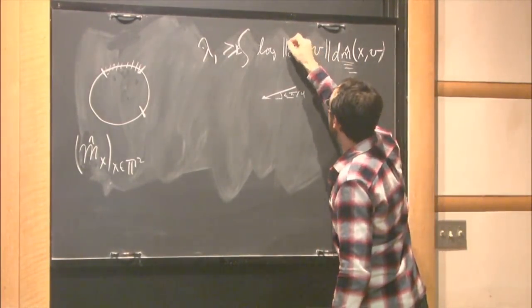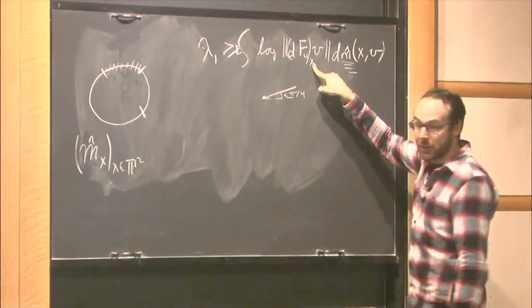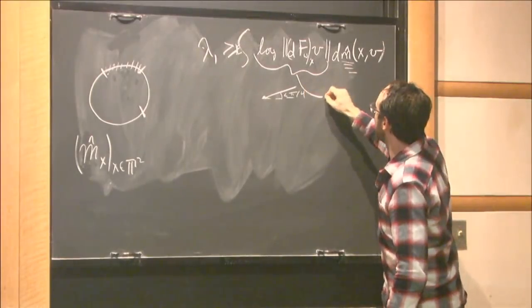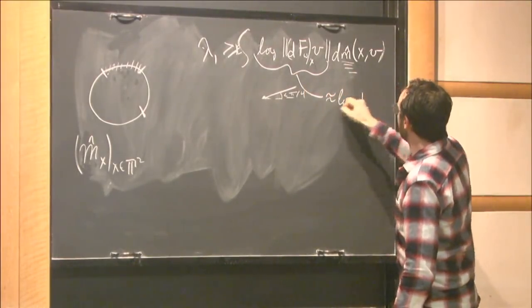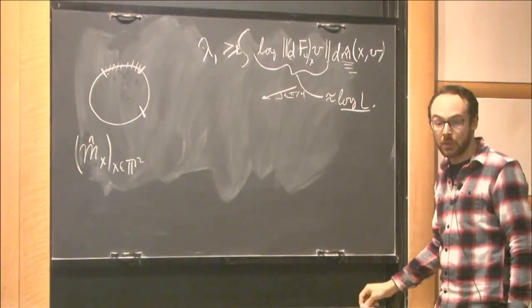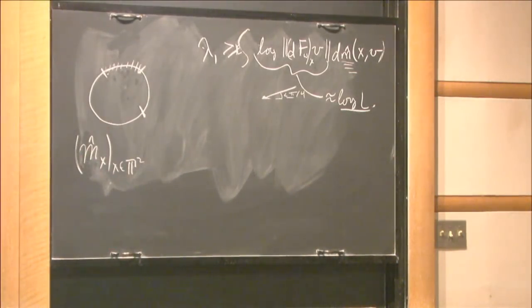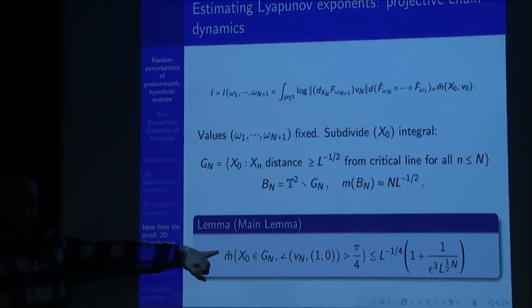And since most x's are away from the critical line, I'm typically sampling a number here that is on the order of log L, okay? And so this is what I'm aiming at, okay?